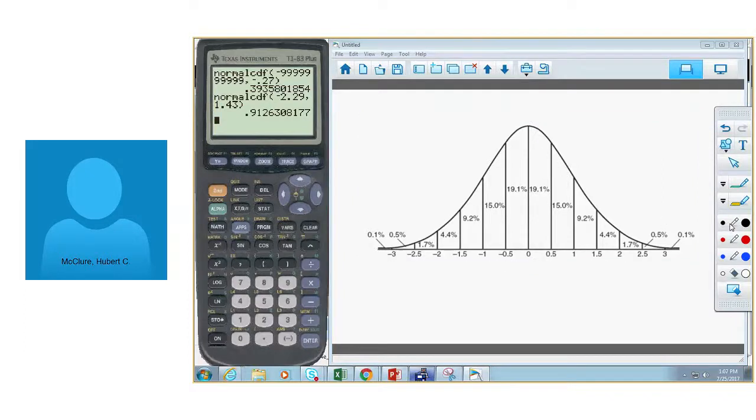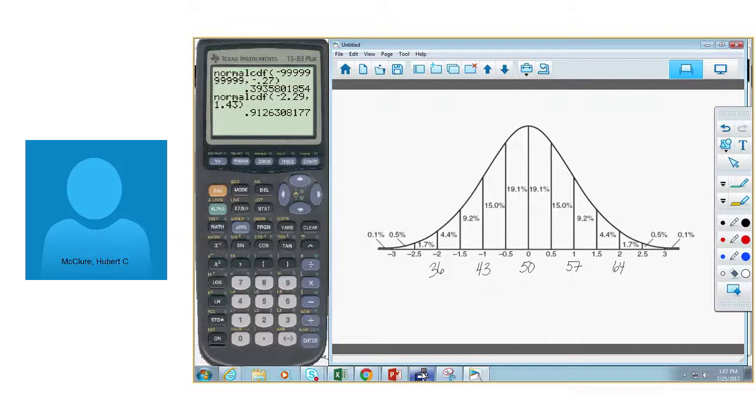Just remind me, what was the mean? 50, with a standard deviation of what? So that'd be 57 and 64 and 43 and 36.